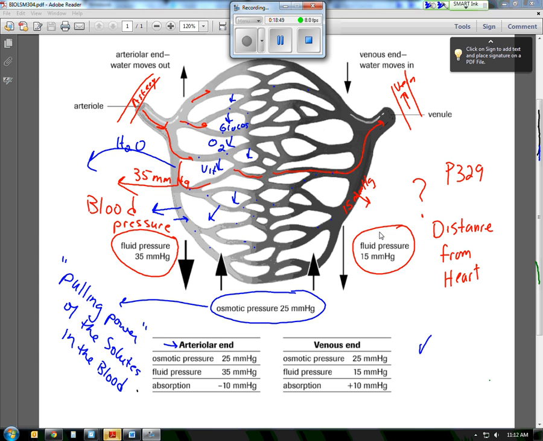And where are they going? Well, maybe you've got a cell up here. These things will move out and then diffuse into the cells. Glucose is going to head into the cell and all the rest of it. One thing to mention is, what's this space between the capillaries and the cells called?